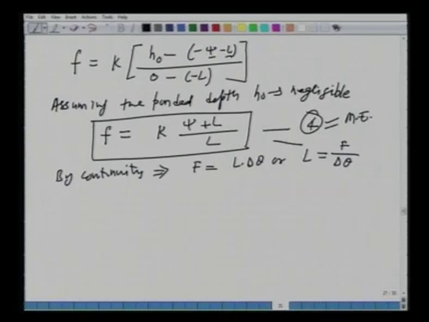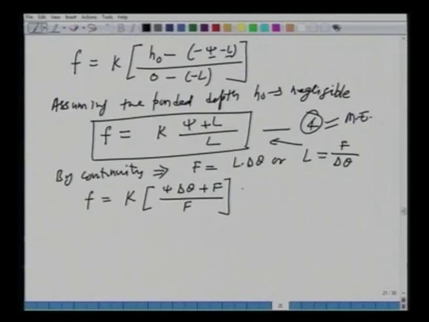So, we put this into equation number 4. Okay. So, what we are going to get then is f is equal to K times (psi delta theta plus F) over capital F. It should be easy to see that.